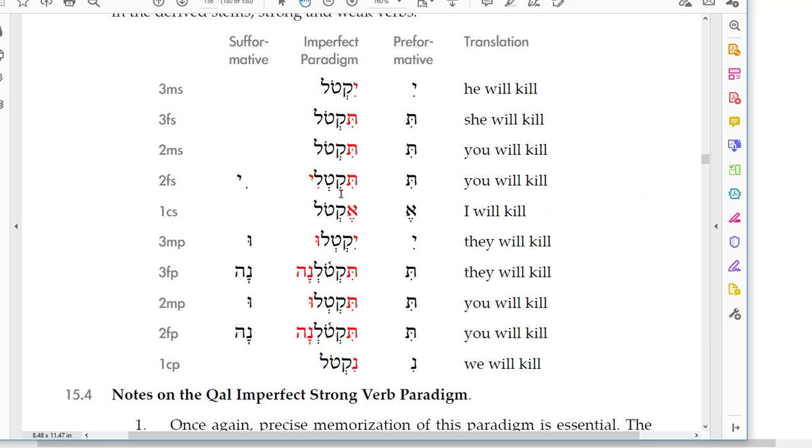Here is the basic paradigm, and the red shows the prefixes, and this imperfect is also called the prefix conjugation, and in a few cases there are suffixes as well, but the imperfect is characterized by prefixes because every form has a prefix.